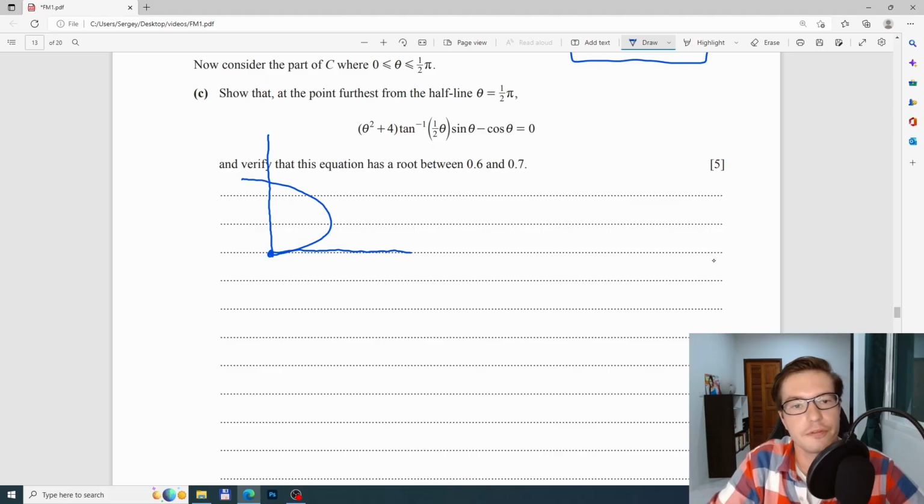And we're looking for the furthest distance from the half line. So it's going to be somewhere at this point. Now, the distance from the pole to any point is given by our equation. This is small r. And I will call that distance big R. Okay, we also have angle theta. It's somewhere here.